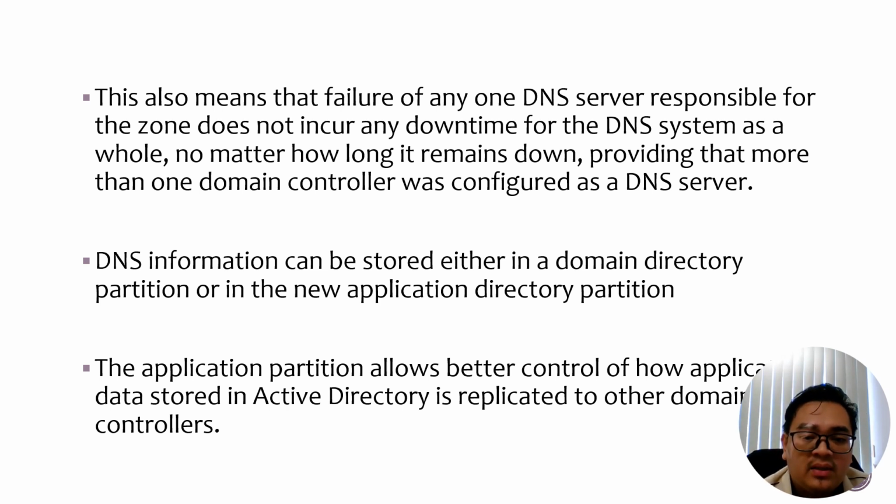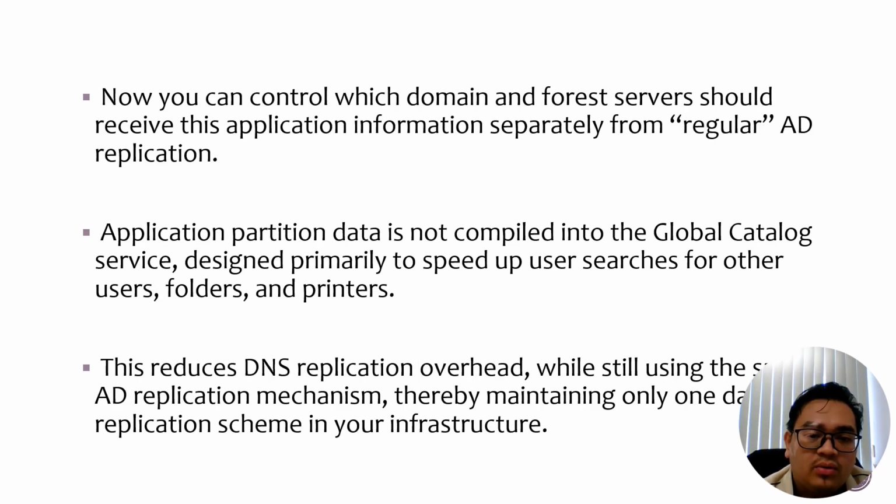The DNS information can be stored either in the domain directory partition or in the new application directory partition. The application partition allows better control over how application data stored in a directory is replicated to other domain controllers. So now we can control which domain and forest servers should receive application information, separately from regular AD replication.